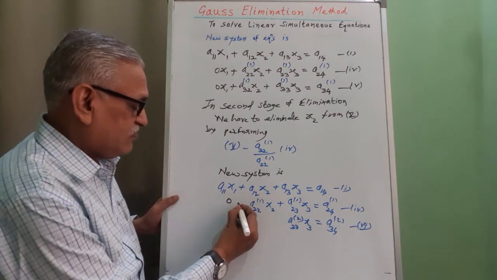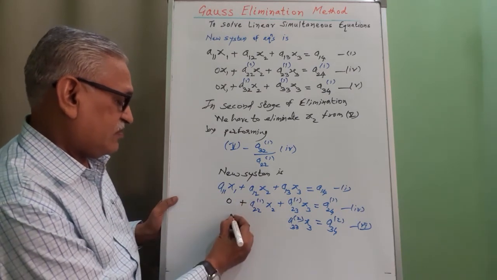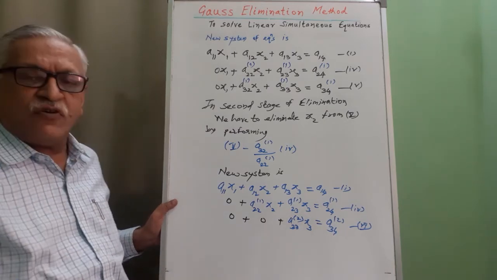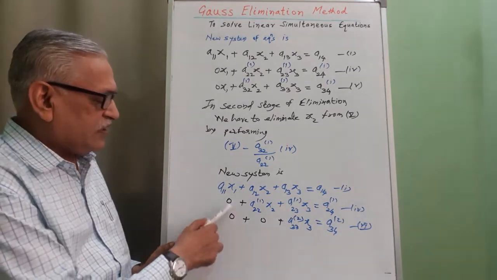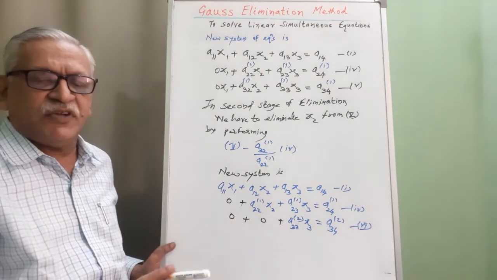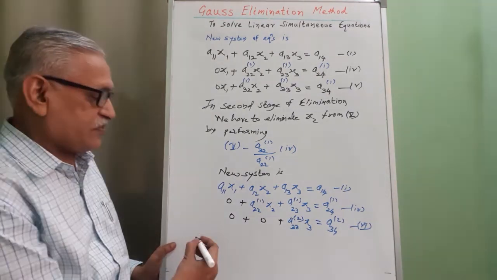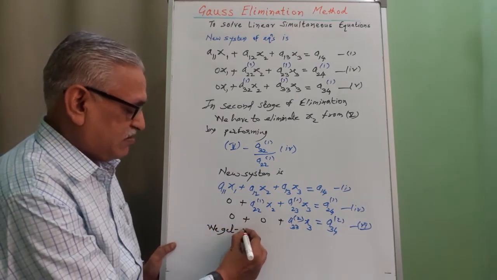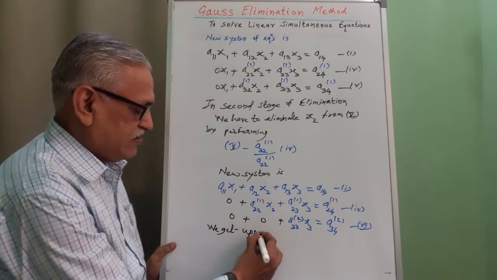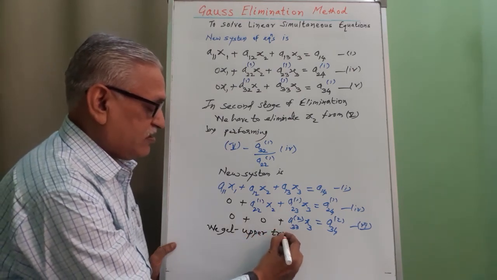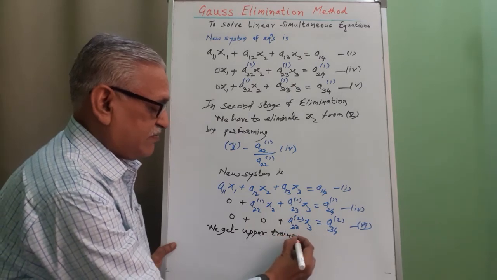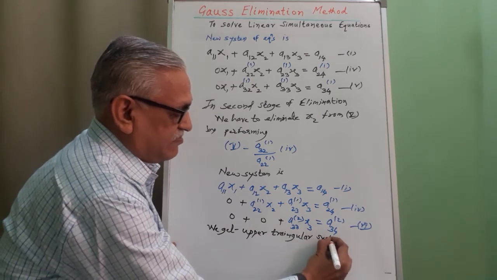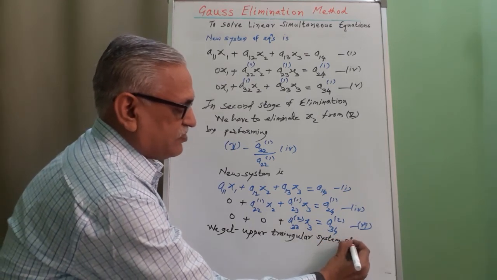Here it is 0 plus 0 plus, and therefore if you observe the system of equations, here the lower diagonal elements are 0, means we get upper triangular system of equations.